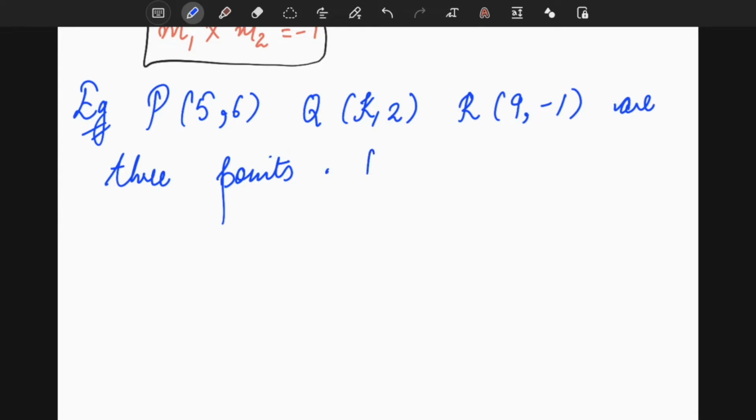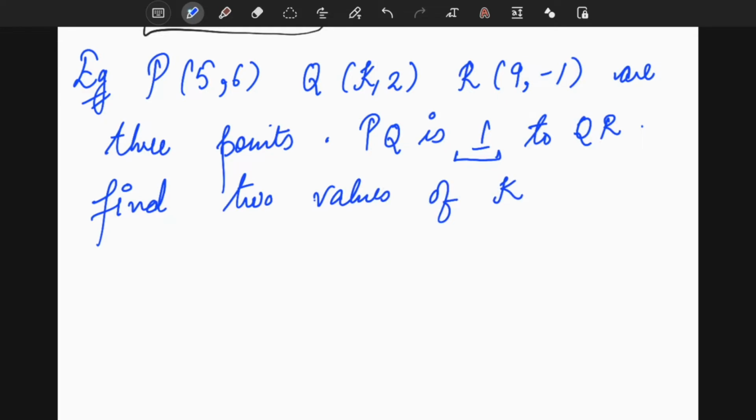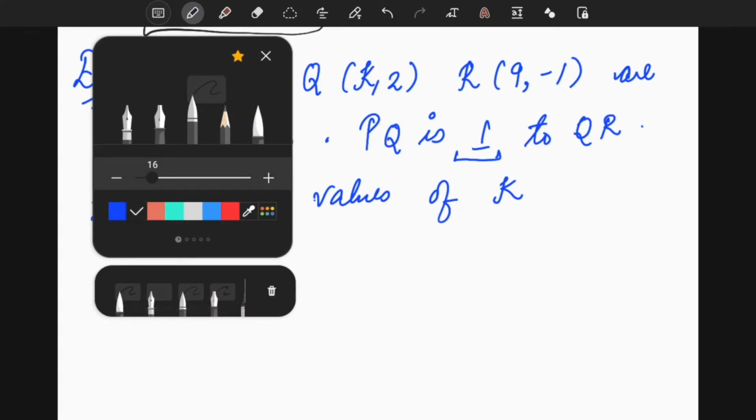And also it's mentioned that PQ is perpendicular to QR. As I already told you that this is a symbol of perpendicular. And find two values of K. We have to find two values of K.